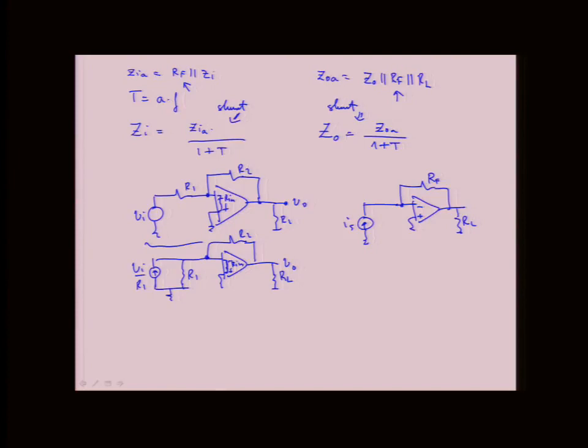So we're going to say that in our ZI, right? So the ZI here will be R1 in parallel with RI, right? And in this case, we just had ZI. But all the math now works out, right? It's exactly the same. It's just that I lump this R1 in parallel with the input impedance.